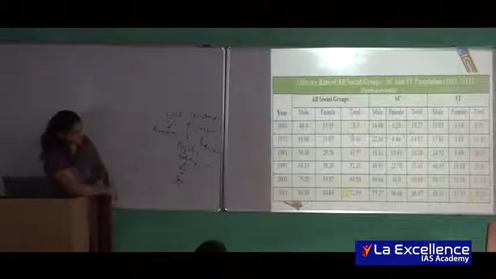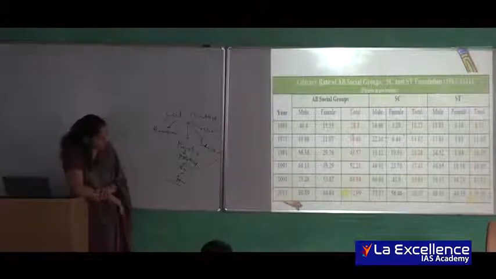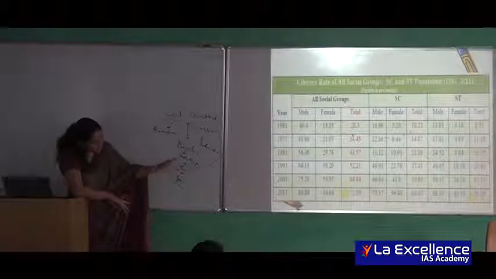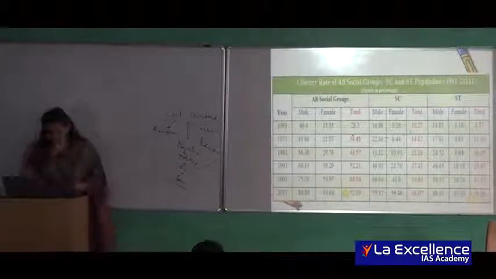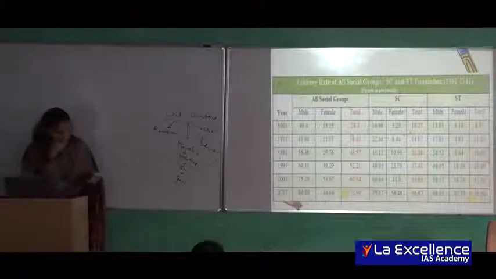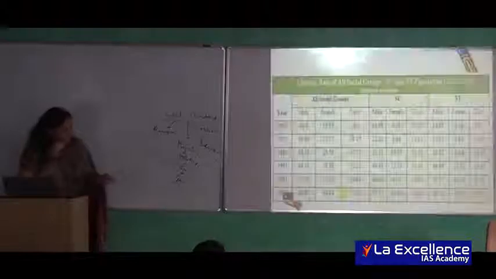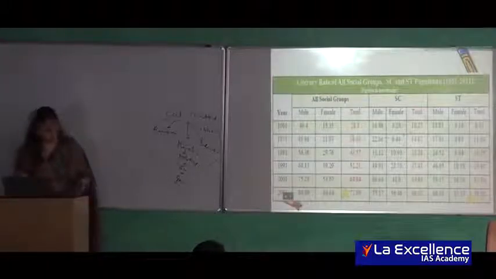Look at the last one. 2011 census. The all India average was about 73% literacy rate, and scheduled tribes, right now I'm putting scheduled castes aside, for the first time we see them crossing the 50% line. I'm so sorry for the last benchers, I can't do much about it.